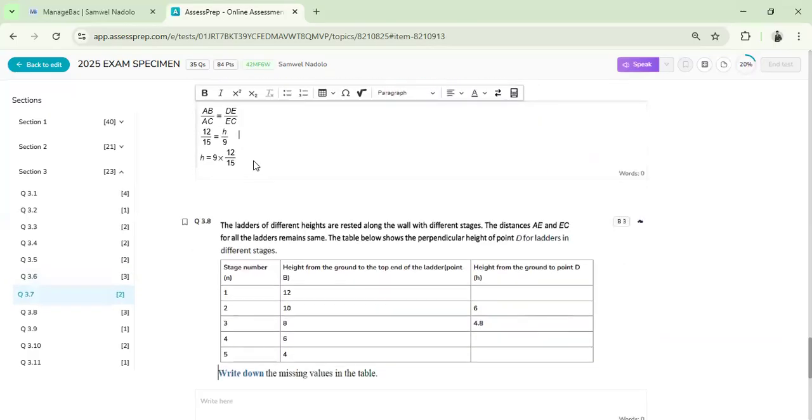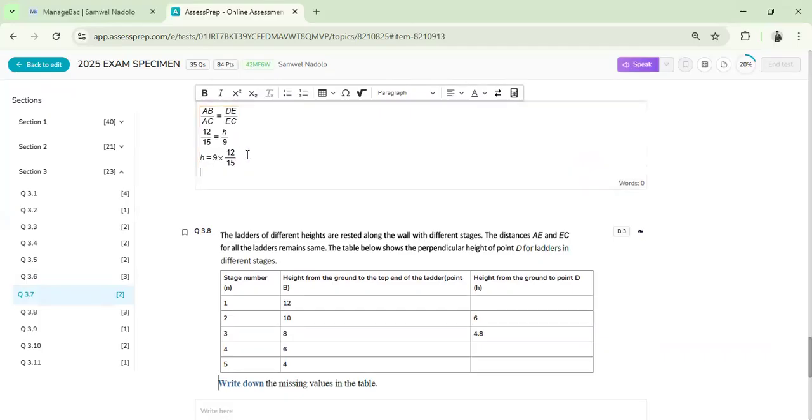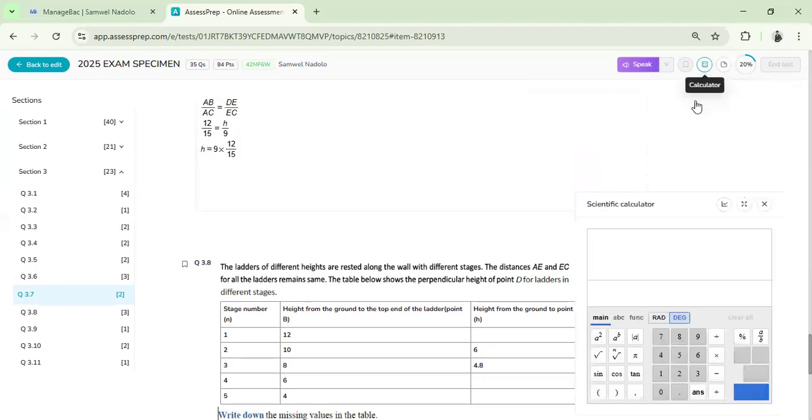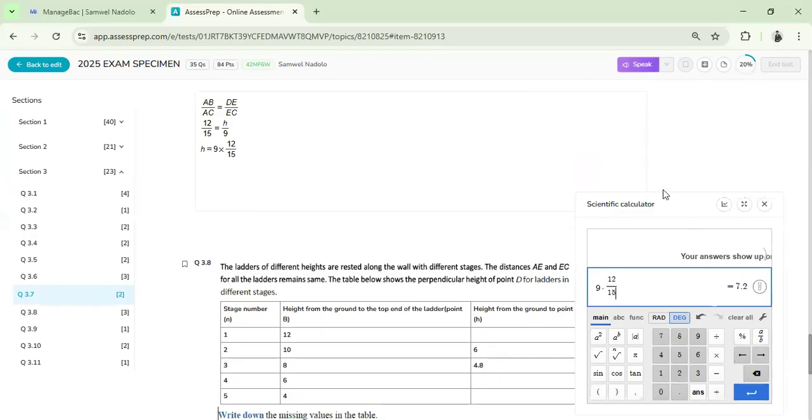So you can insert this, and if you don't have access to your physical calculator, you are going to use this calculator here. So you'll press calculator, and then you'll do 9 times 12 over 15, and you get 7.2.